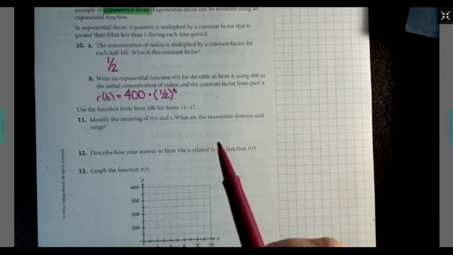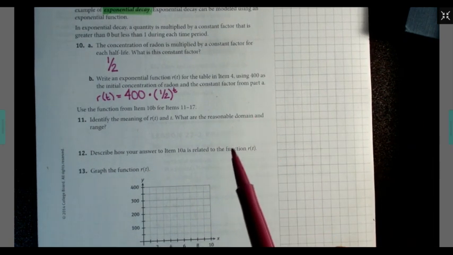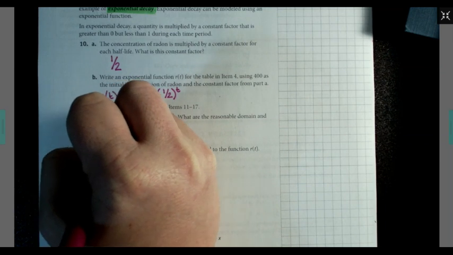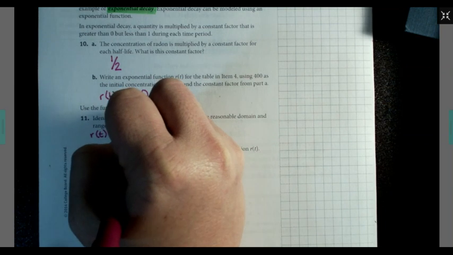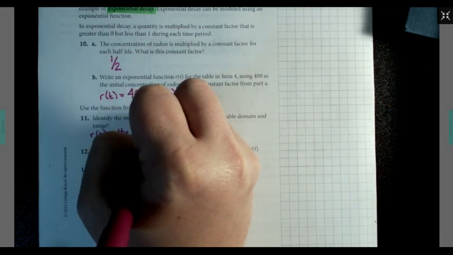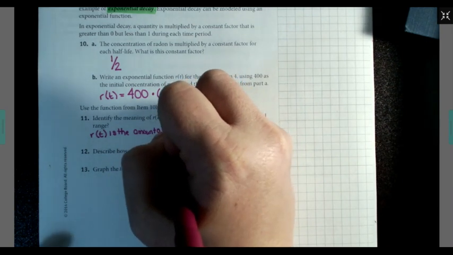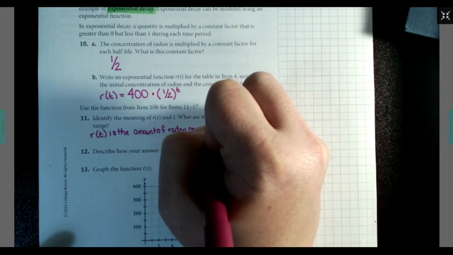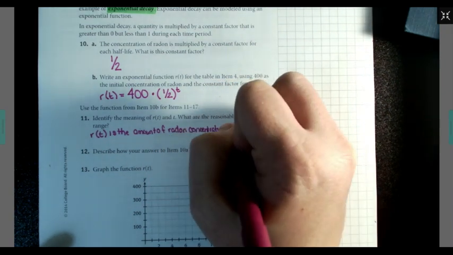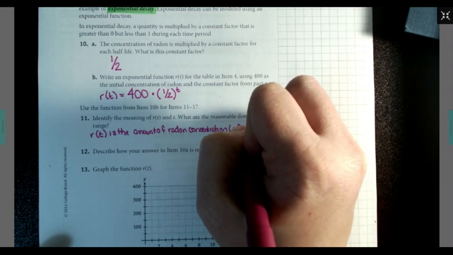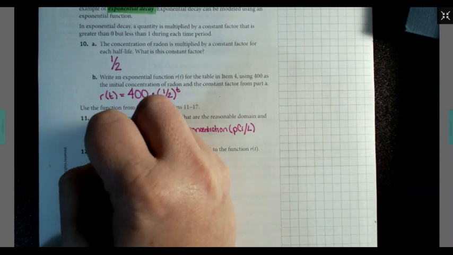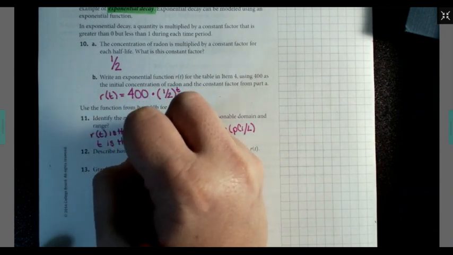Identify the meaning of r(t) and t, and what are the reasonable domain and range. r(t) is the amount of radon concentration, and this would be in measures of pCi/L. t is the number of half-lives.